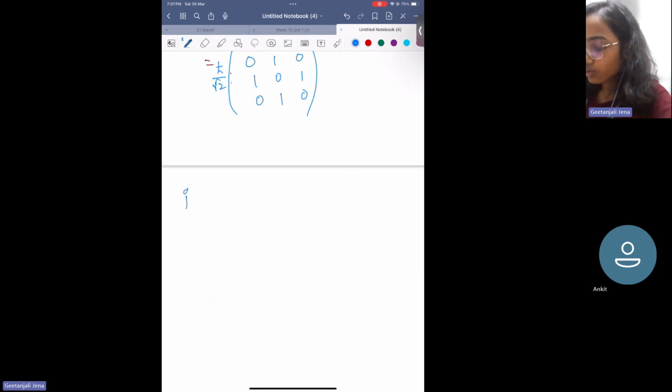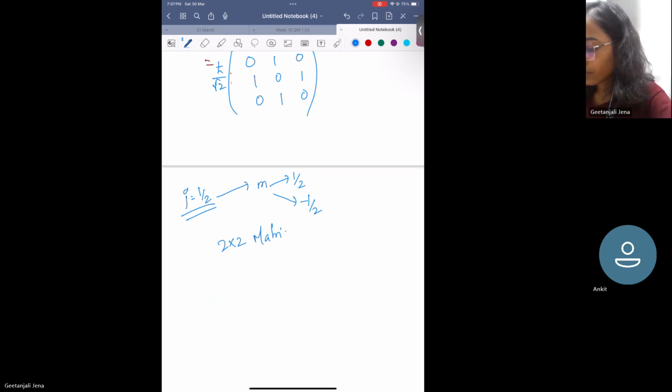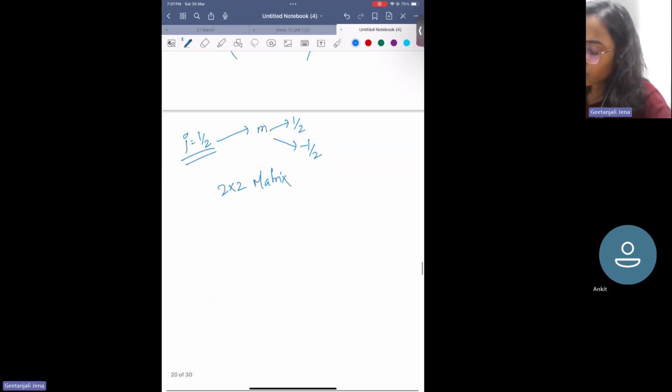So now for j equal to half, m is either half or minus half. So that means you will get a 2 cross 2 matrix. First we need to find out what is the matrix for j plus and the matrix for j minus.